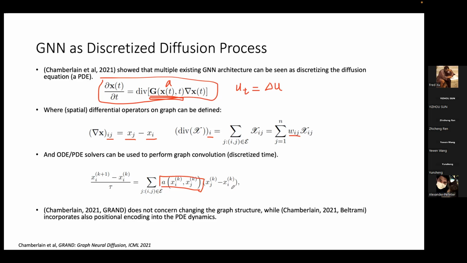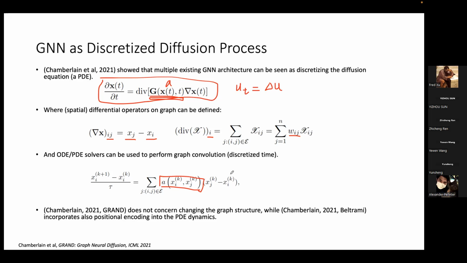And in the most general case, your graph attention matrix, the attention between a node and its neighbors, could change among different layers of the GNN. And that would represent the most general case of the diffusion equation. Does that make sense?